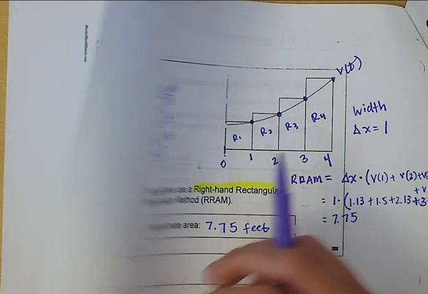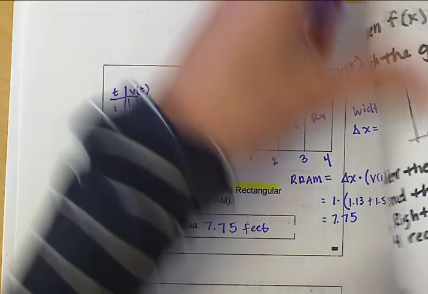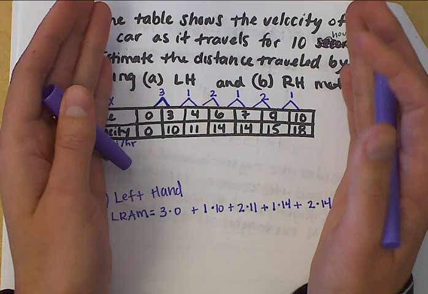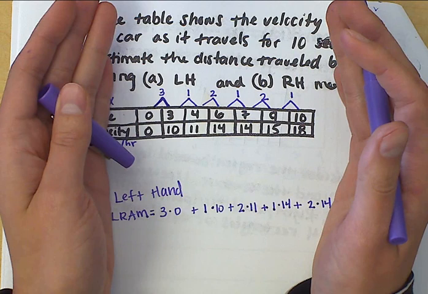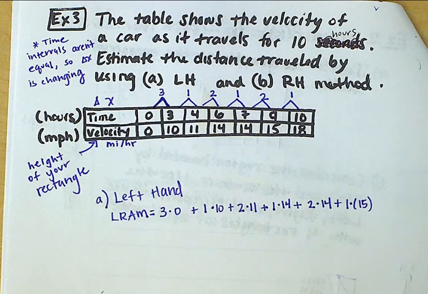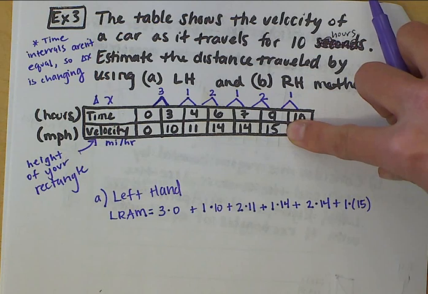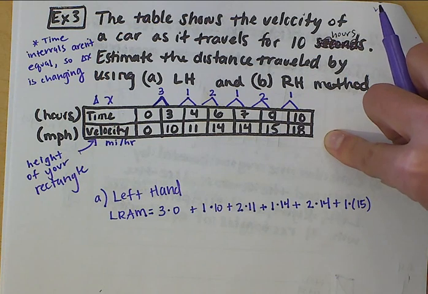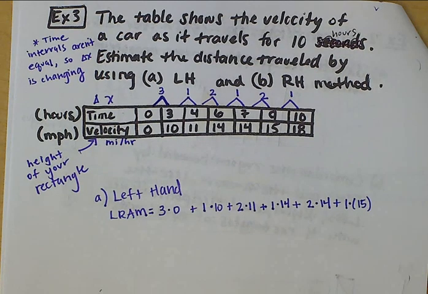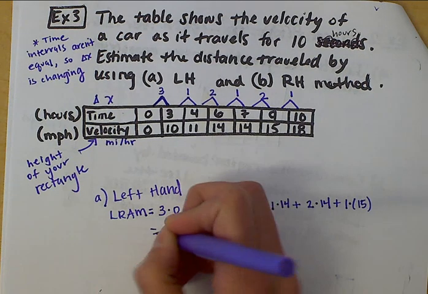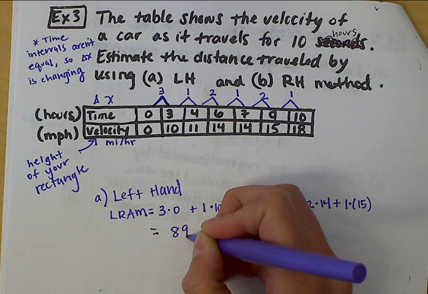So that's the way that it always works. Because you have the points on the end, and you're always not using one point. So in this case, with the left hand, we didn't use this point of 18. We didn't use that one because it was the very last one on the right. So you add this up and you get 89 miles.